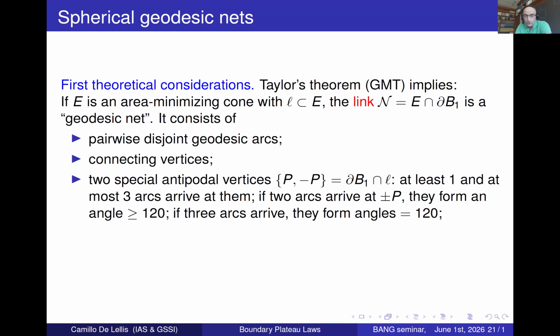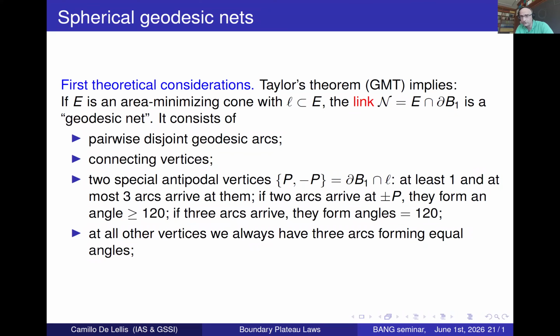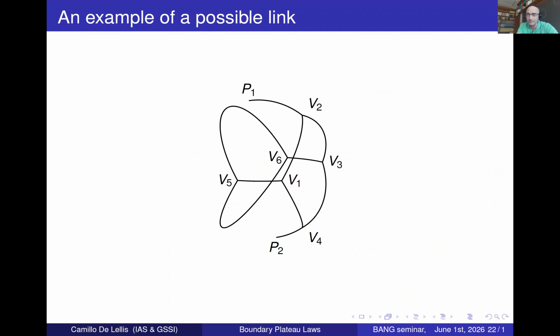Now, at all the other vertices, the graph has always degree exactly 3, and the edges form equal angles. So this is an example. I really drew it, and this example is exact.